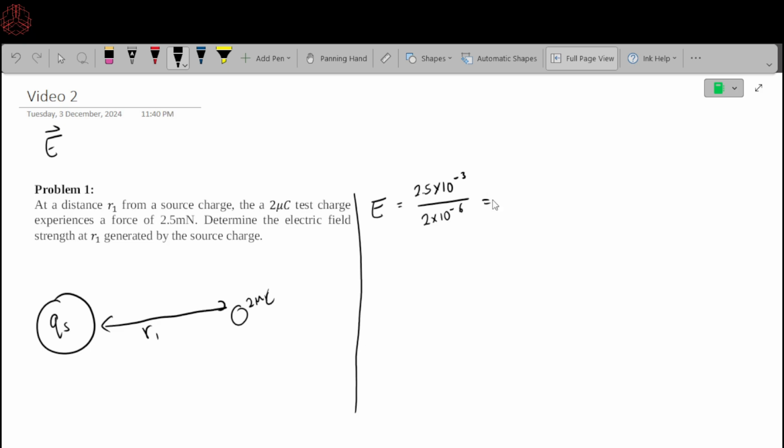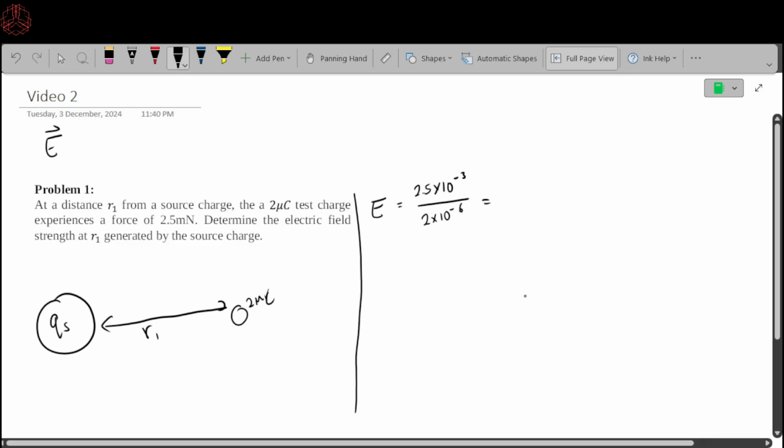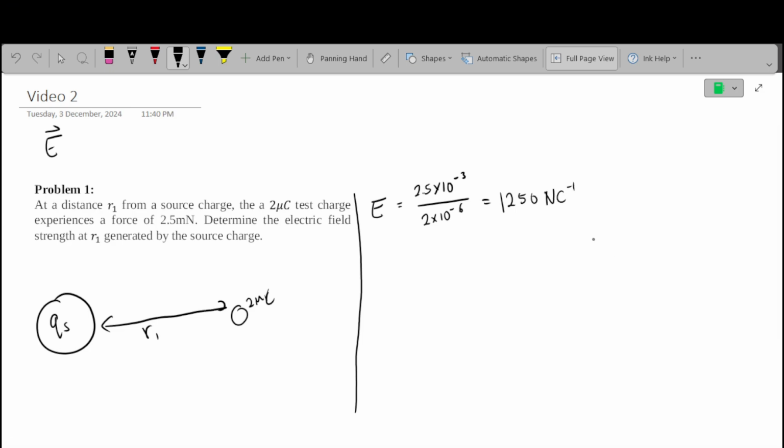If you key that into your calculator, you will find 1250 Newton per Coulomb.